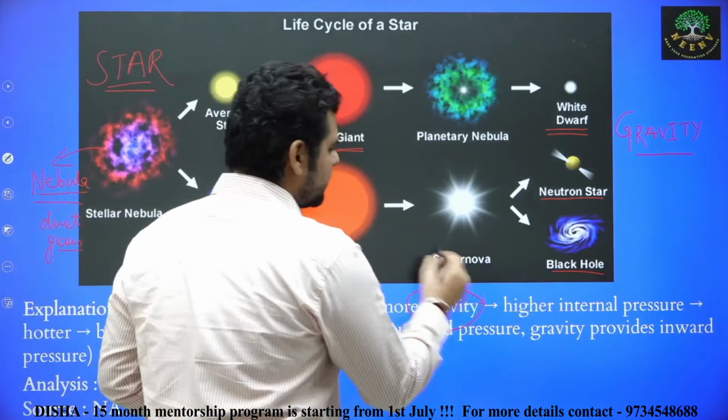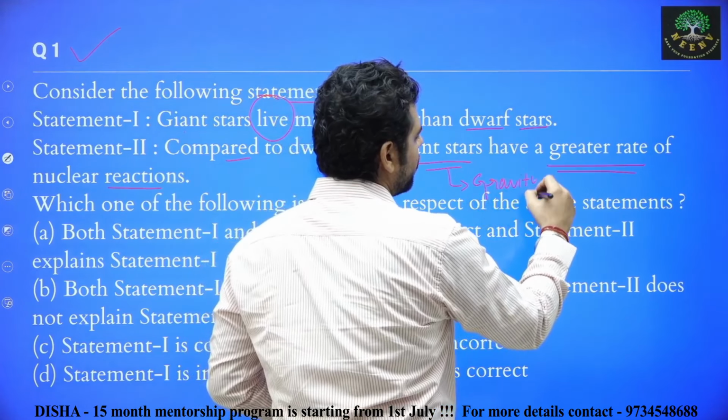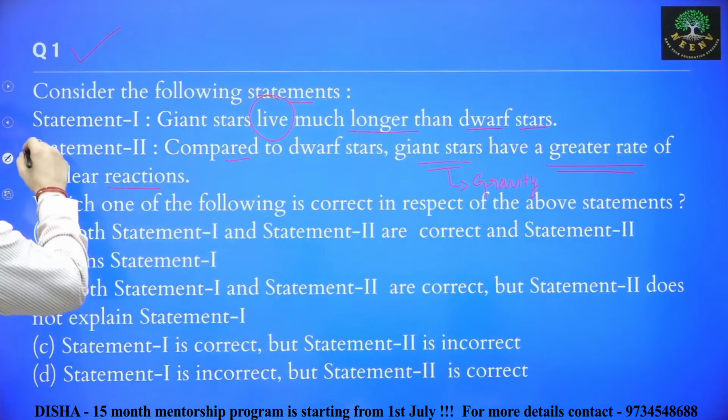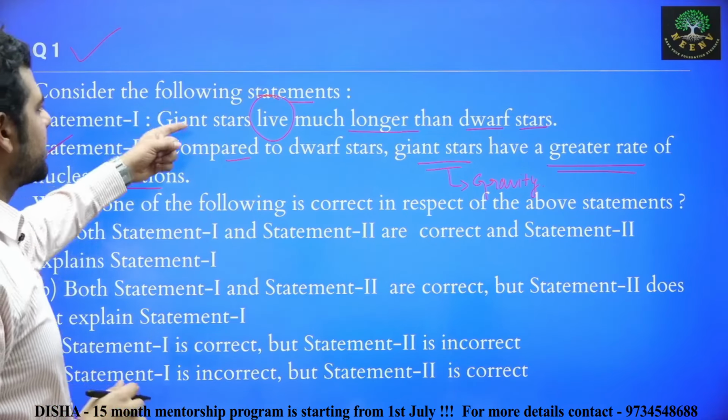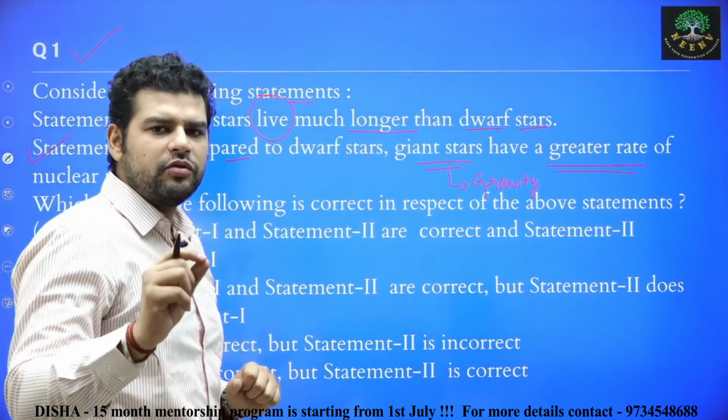Compared to dwarf stars, giant stars will have more gravity, hence more nuclear reactions. So statement 2 is correct. Now statement 1, giant stars live much longer than dwarf stars. I just told you, more nuclear reactions, more fuel will be used, so the lesser the life. So this is wrong, which eliminates this option directly.